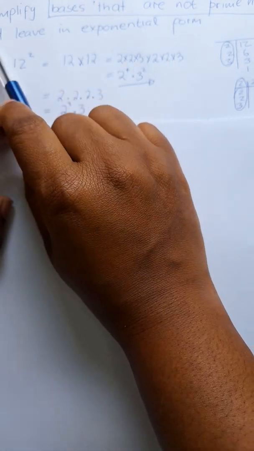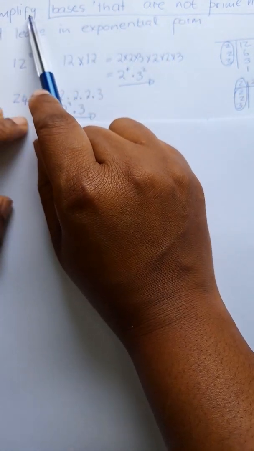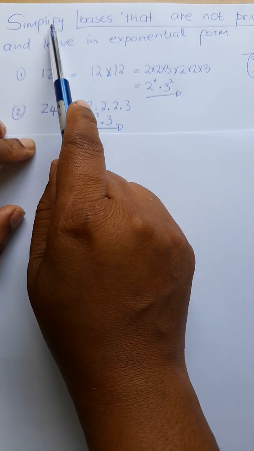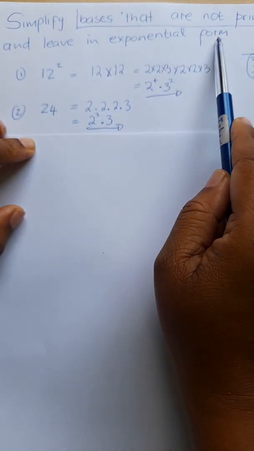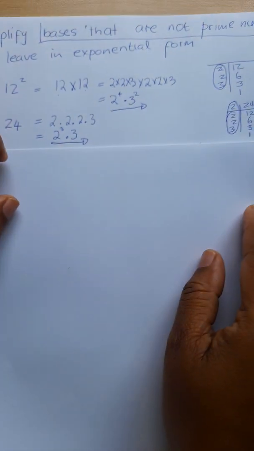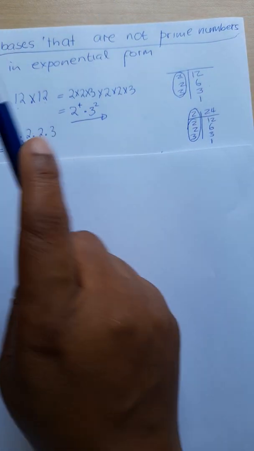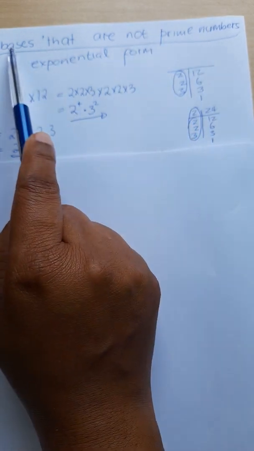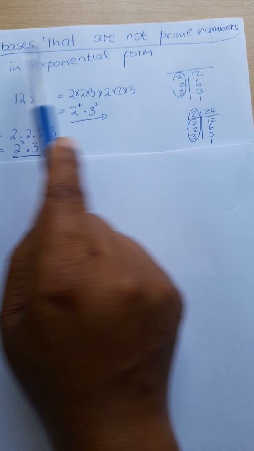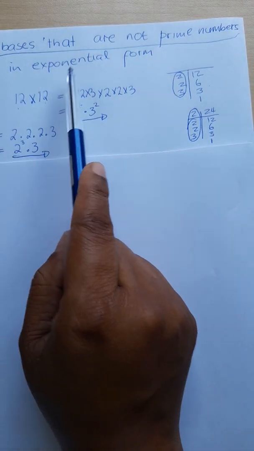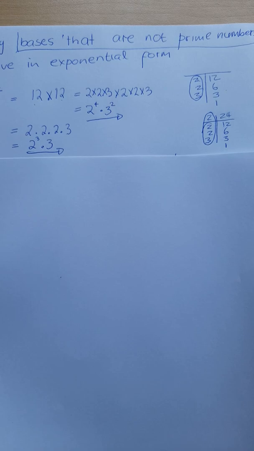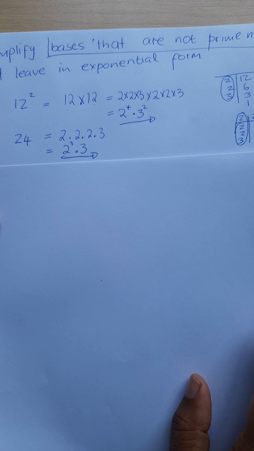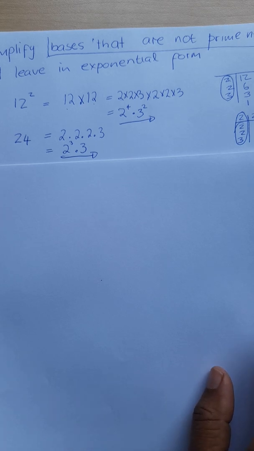They will just give you a number and say simplify and leave in exponential form. And when you see that those bases are not prime numbers, you need to simplify them.